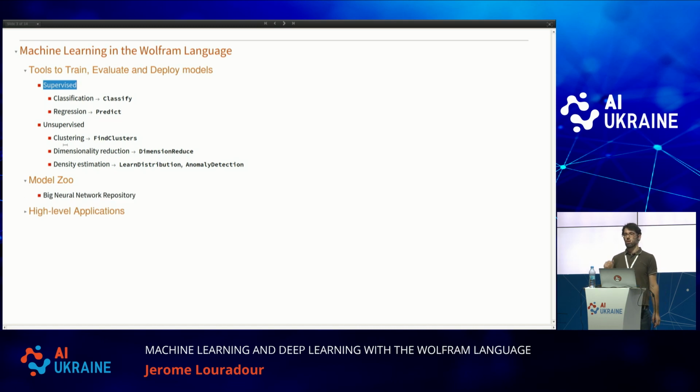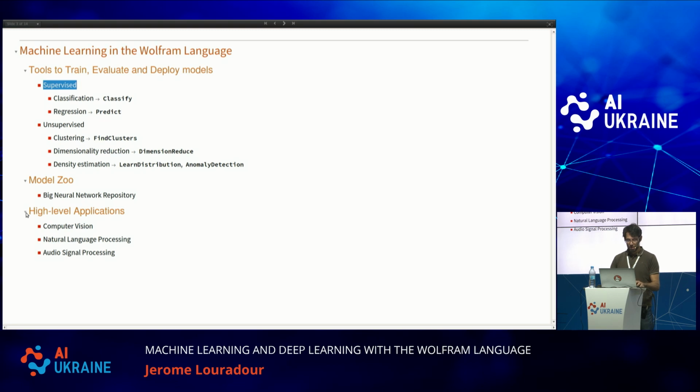Okay, there is also a model zoo. It is a big repository of pre-trained neural networks. And as I said, from these tools we are building high-level applications to process images, text, and audio.